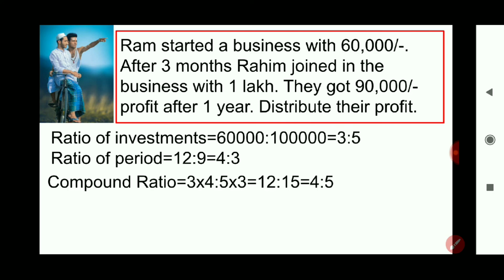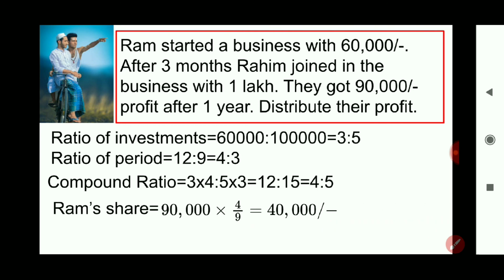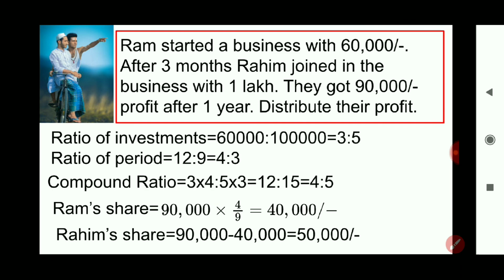Now compound ratio. That is 3 into 4 is to 5 into 3. That is 4 is to 5. Now Ram's share is 90,000 into 4 by 9. That is 40,000. Rahim's share is 90,000 minus 40,000. That is 50,000.